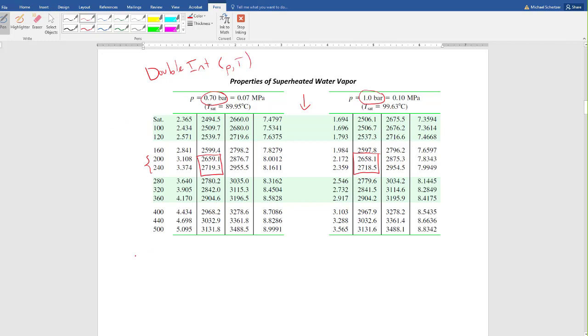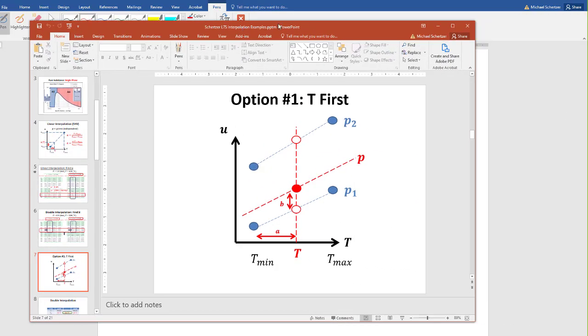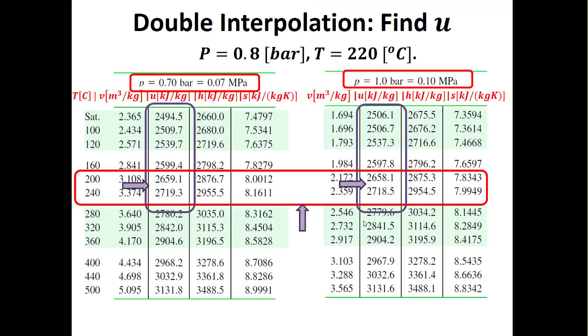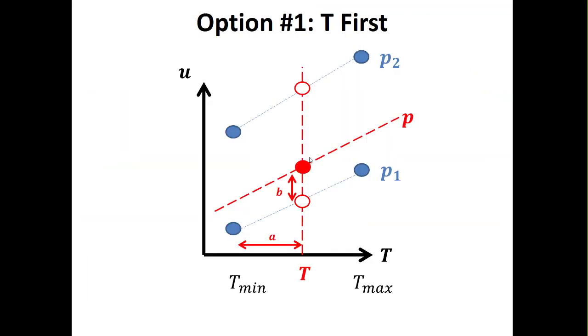There's a couple different ways we can draw this. If you look at this graph, we're trying to find the specific internal energy as a function of the temperature. Because we're interpolating twice, we need two different interpolation factors: interpolation factor A and interpolation factor B. There are two different ways you can go about doing this.